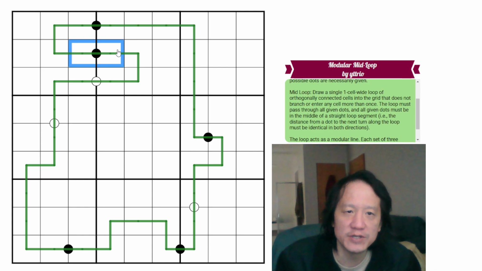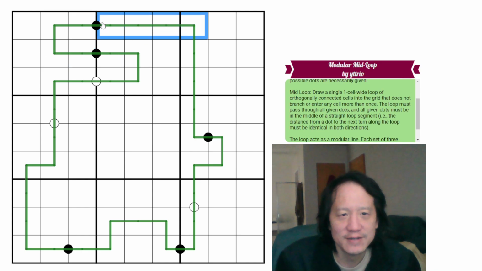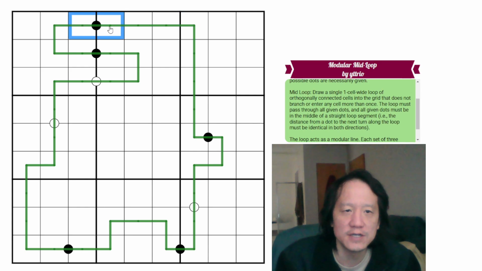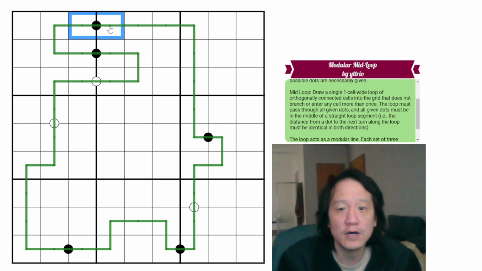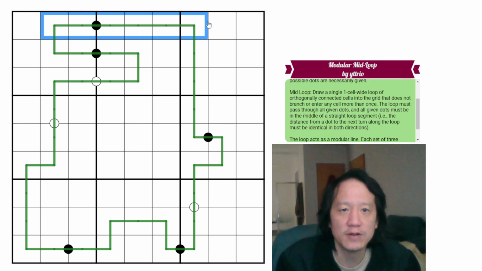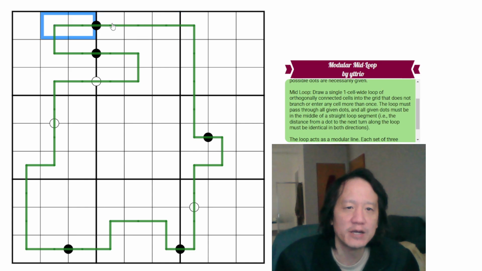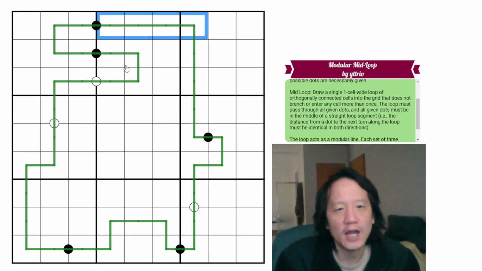So I tried, okay, this one doesn't work. This one breaks because this dot is not the center of a straight loop segment, right? You have 2 on this side, but you have 4 on that side. Every other dot, I think I did constrain correctly.